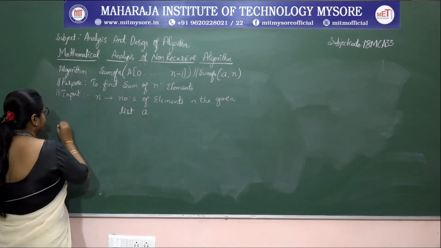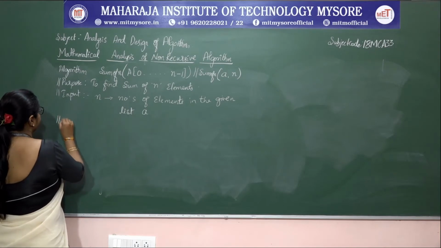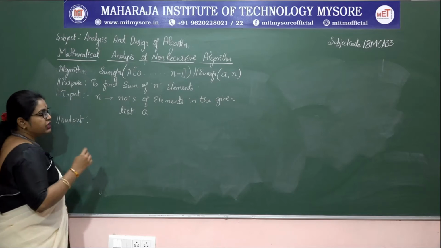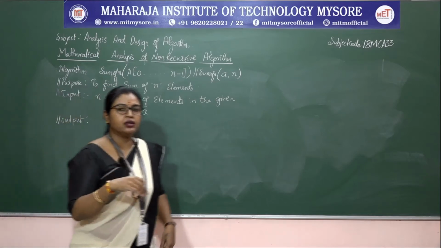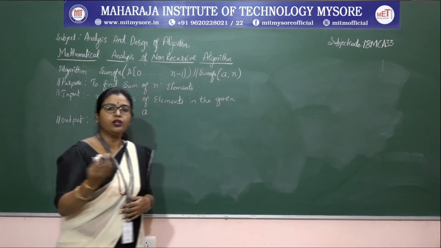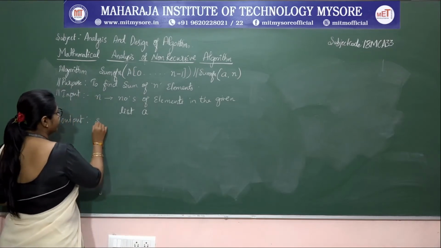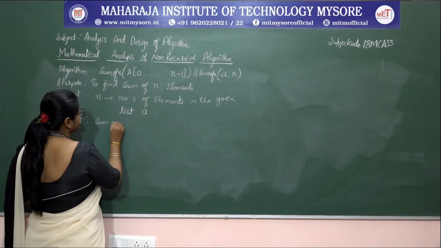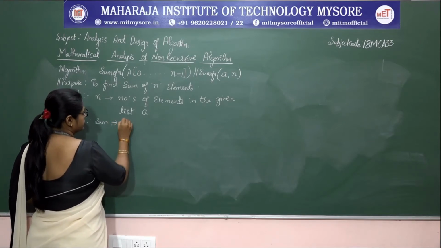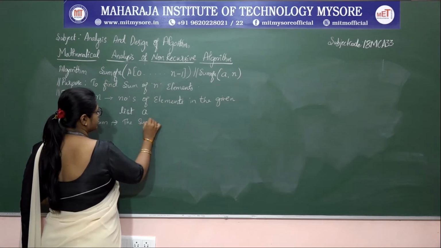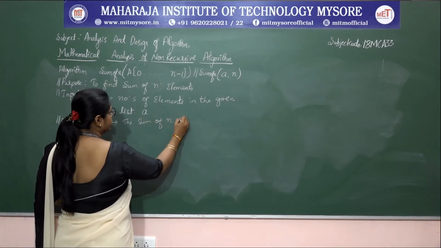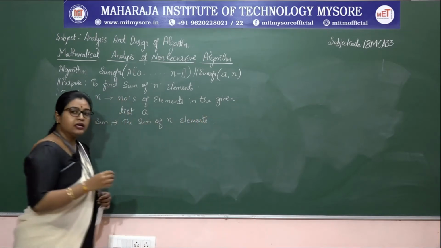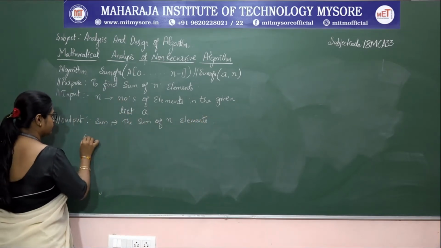Next is the output. Whatever variable you are using, either result or sum, you can write it. Obviously here we are finding the sum. So sum holds the value of the sum of n different elements.